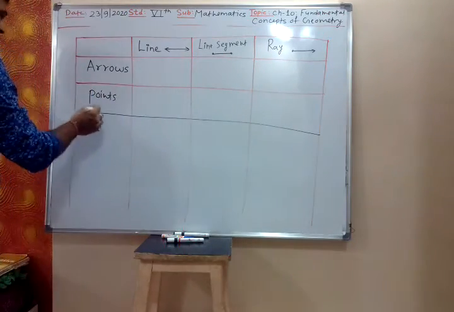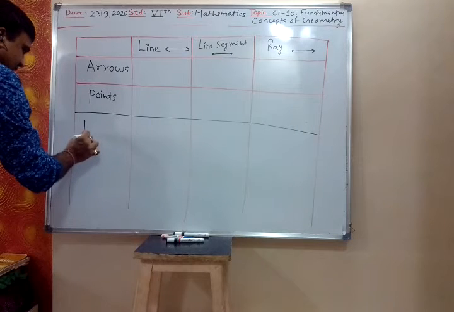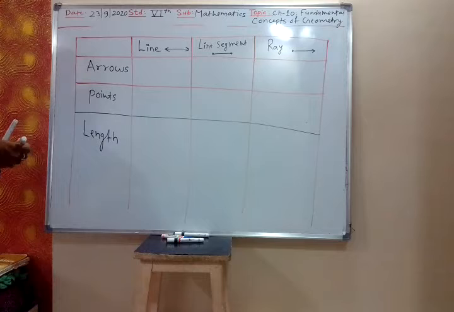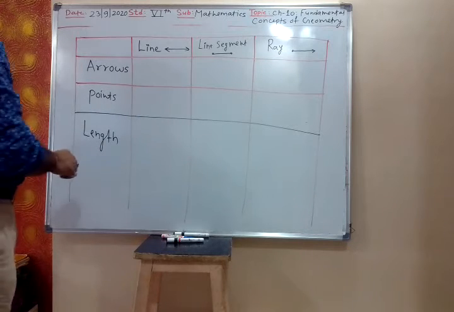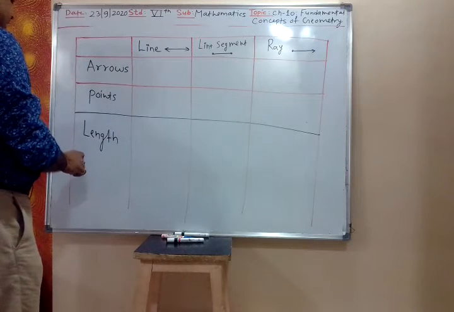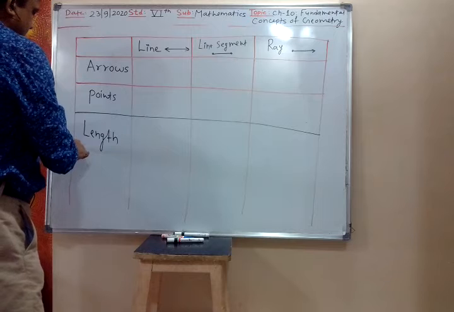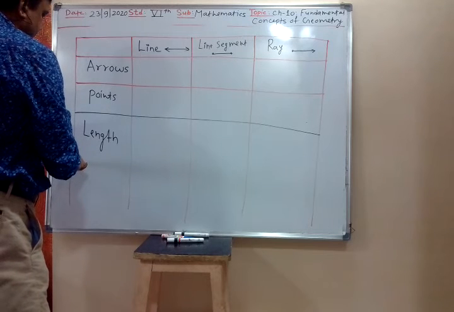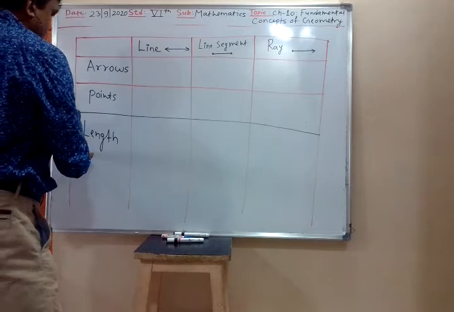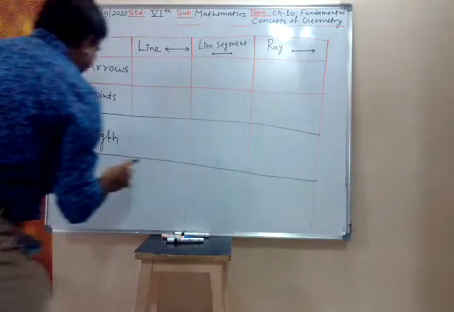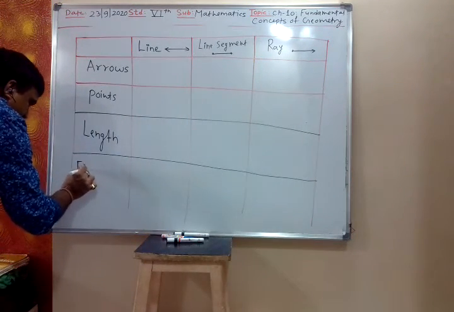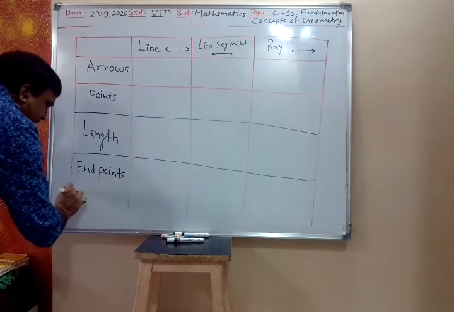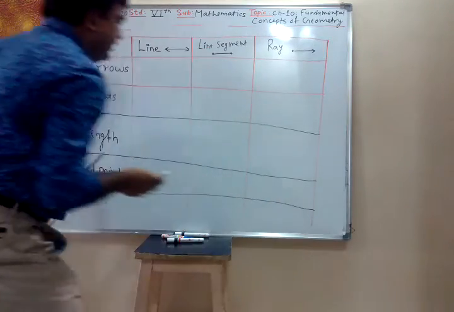Then we talk about length. Then we talk about endpoints. These 4 things we'll study: arrows, points, length, and endpoints.